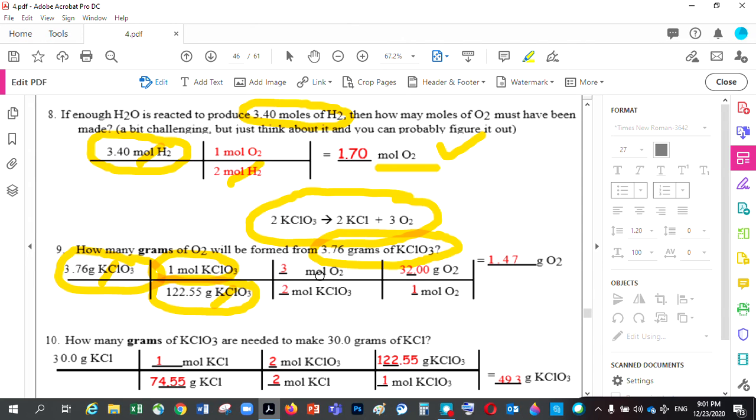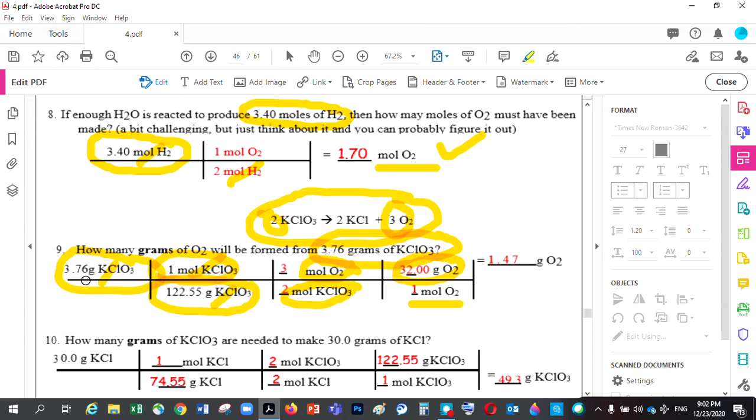I put moles of oxygen, what's asked of me, on top, and the given, potassium chlorate, on the bottom, so the moles cancel out with the moles. I have 2 moles of potassium chlorate to 3 moles of oxygen, so 2 to 3. And then I have to multiply by the molar mass of oxygen to get the number of grams. So 4 steps.